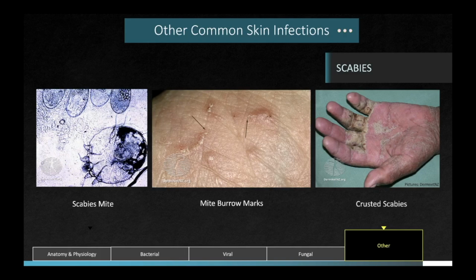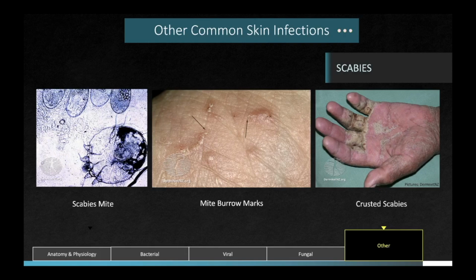The image on the right shows something called crusted scabies, which was previously known as Norwegian scabies. This is a particularly contagious form of scabies in which the individual may be infested with millions of scabies mites. In crusted scabies, the patient will present with a generalized scaly rash, often again prominent in the interdigital spaces, wrists, elbows, breasts and scrotum.